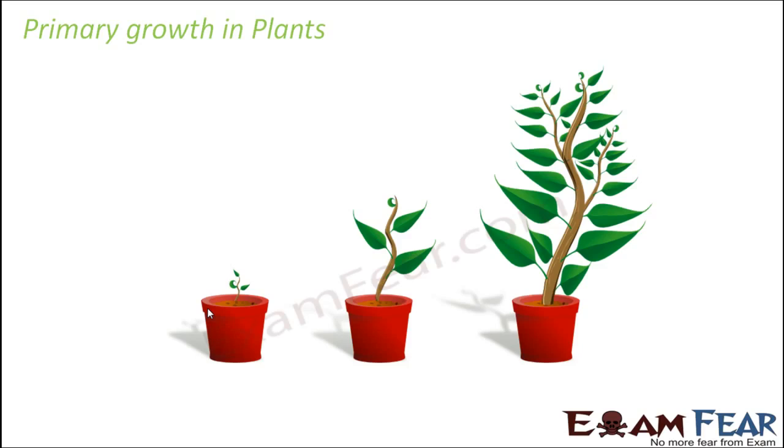Now talking about the primary growth, how does the primary growth take place? Let us suppose this is a small plant. Now let us suppose you mark a point here. What do you think will happen when the plant increases in height? Will this point which you marked also shift?